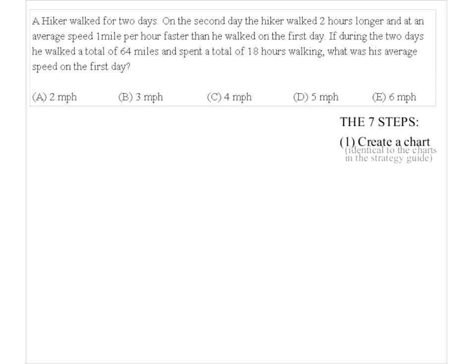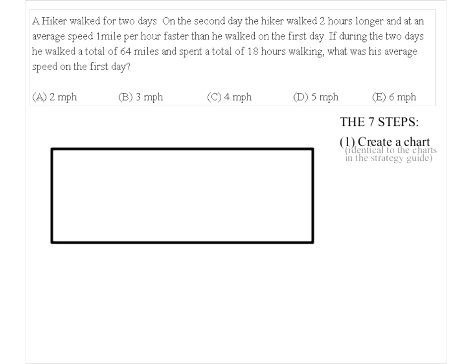What's going to be the heading of that chart? I see a couple people typing. I don't think most people are typing. Nobody? Okay. The heading of the chart, as per our strategy guide, is rate times time equals distance.